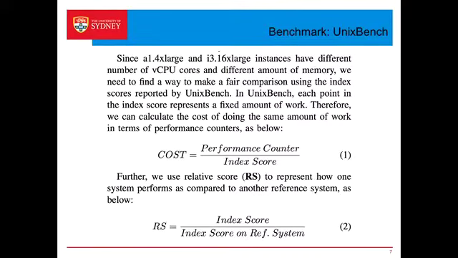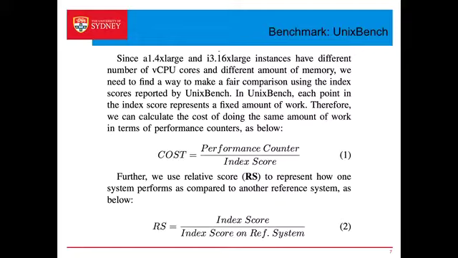Since A1.4xlarge and I3.16xlarge have different numbers of vCPU cores and different amounts of memory, we need to find a way to make a fair comparison using the index scores reported by UniqueBench. In UniqueBench, each point in the index score represents a fixed amount of work.